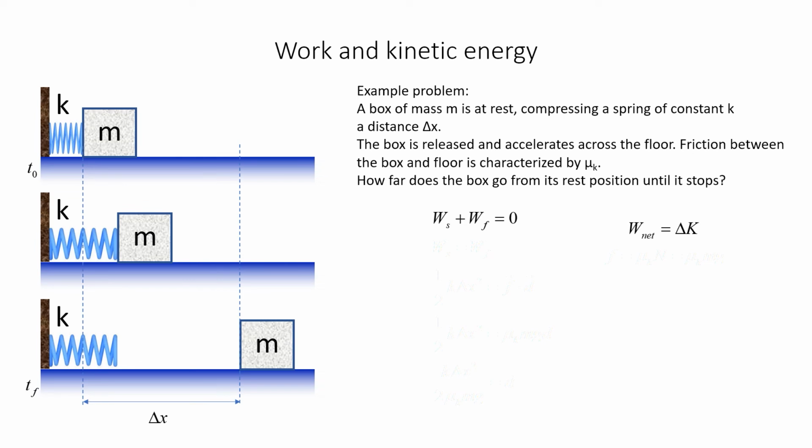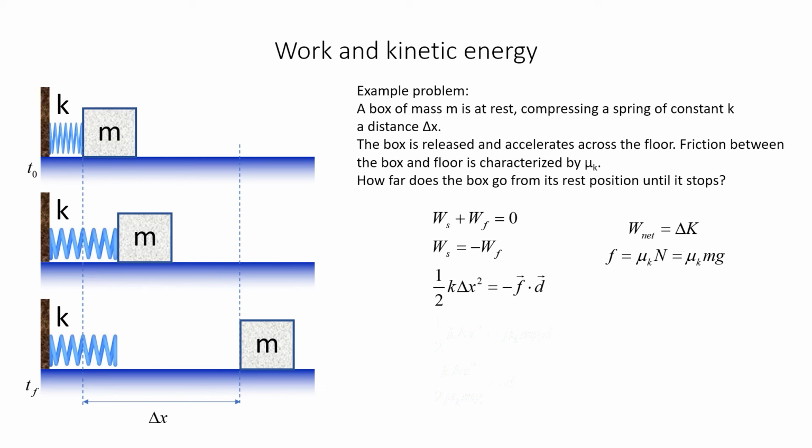That gives us the work net as the work done by the spring plus the work done by friction equals 0, because delta K equals 0 if we do it like this. It starts from rest and ends at rest. Bringing the work done by friction to the right side, we have work done by the spring equals negative of the work done by friction.